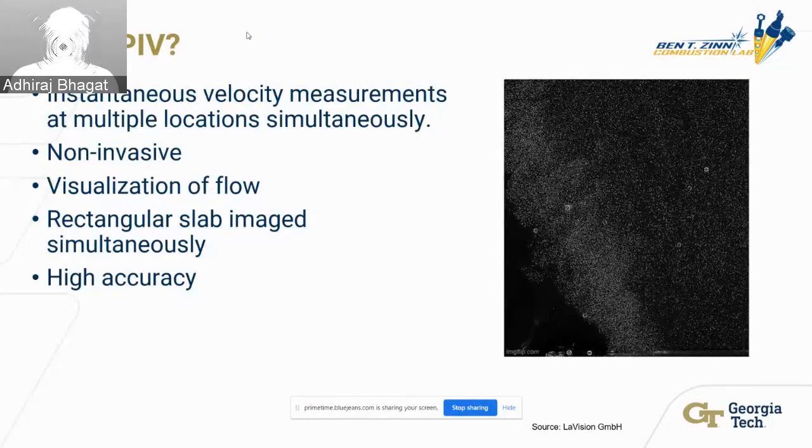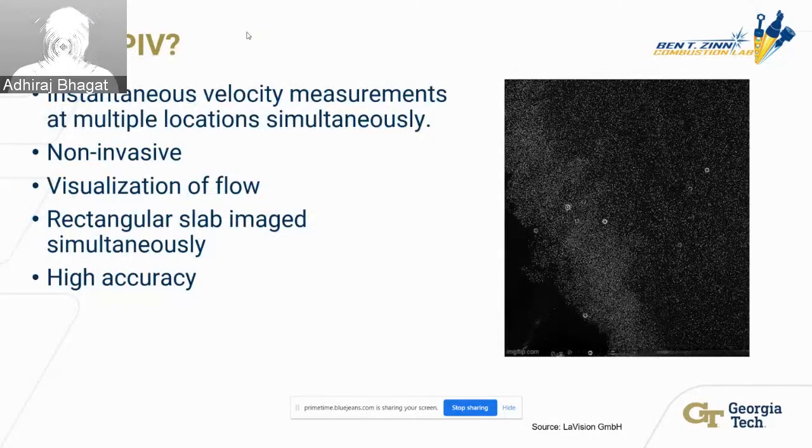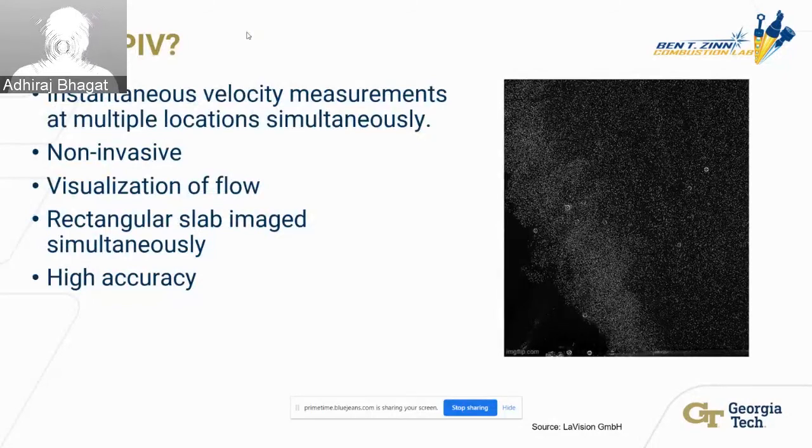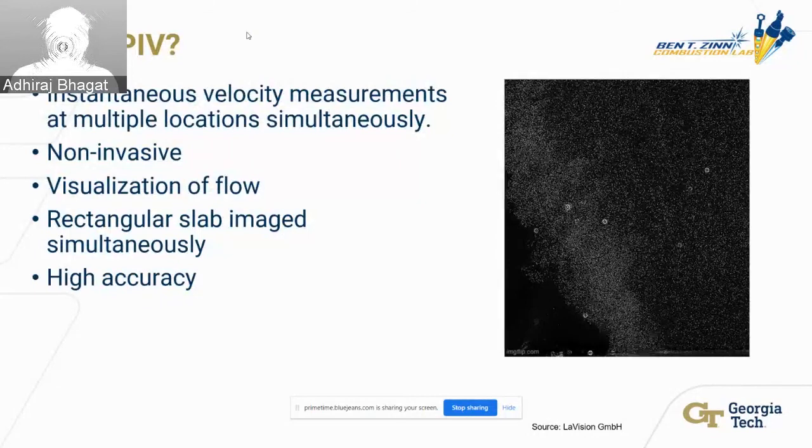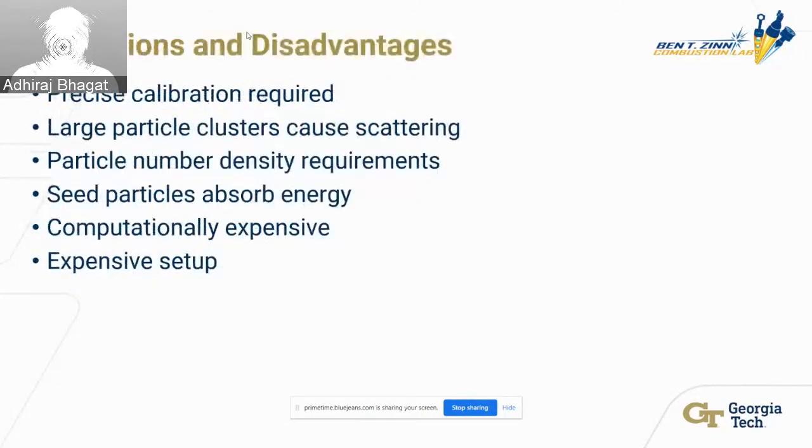So the number density of the particles also changes as the density of your flow changes. You want to make sure that you have an acceptable density in all parts of your flow. The seed particles absorb energy. So we say this is non-invasive, but there's obviously some impact of putting seed into that flow when compared to no seed at all. It's computationally expensive.